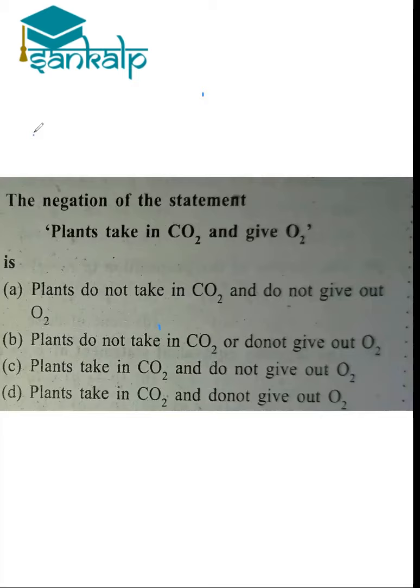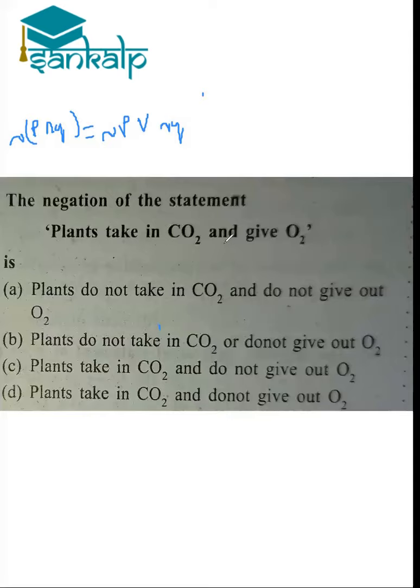Here we have two statements, say P and Q. We need to take the negation of this, so it will be negation of P or negation of Q. So the negation will be plants do not take in CO2 or do not give O2.